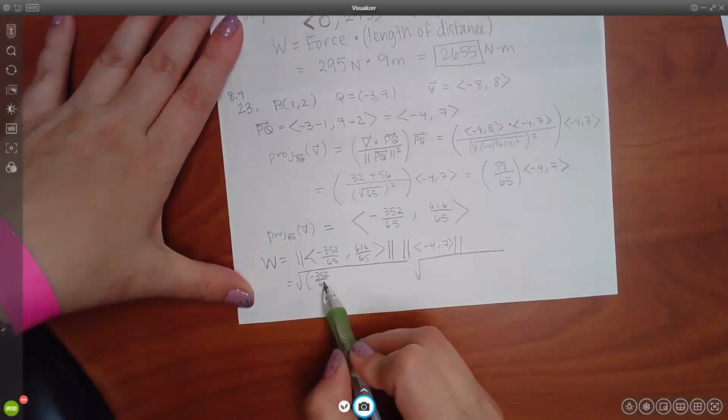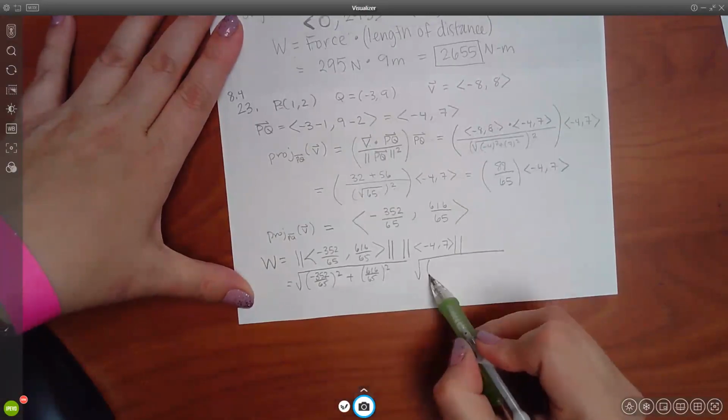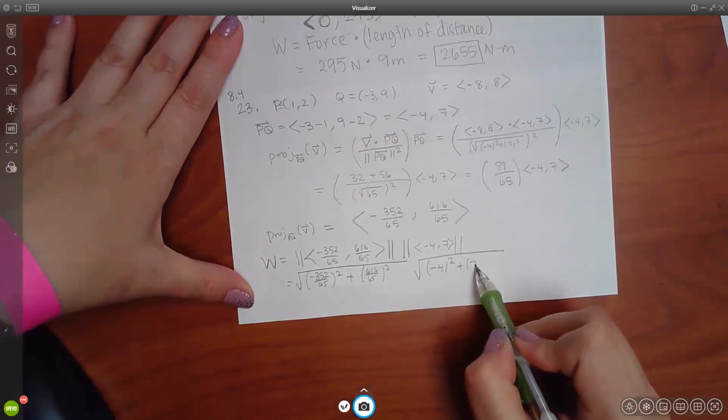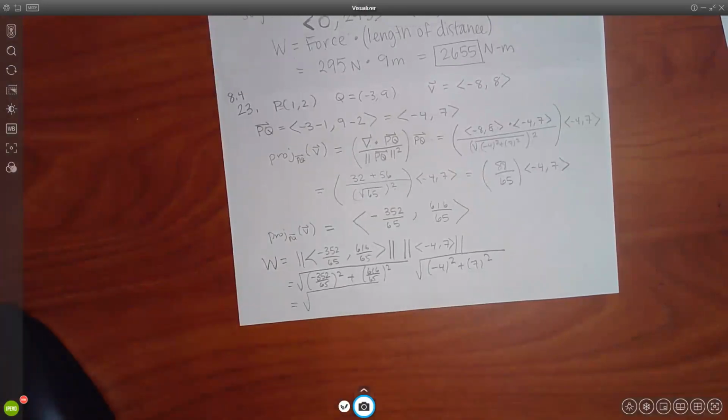So this guy squared plus this guy squared, this guy squared plus this guy squared. I have no idea what this is gonna be. Let's see. Parentheses 352 over 65 squared plus parentheses 616 divided by 65 squared, and then the square root of that.